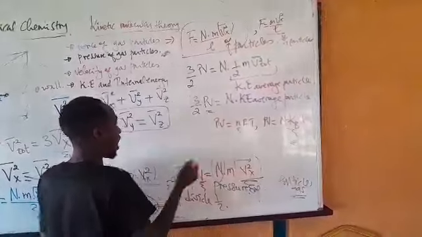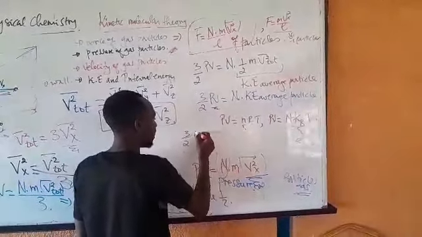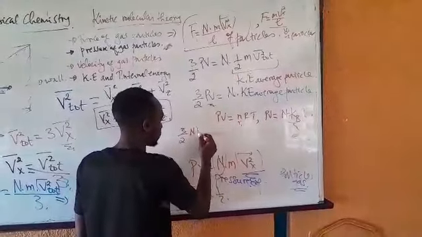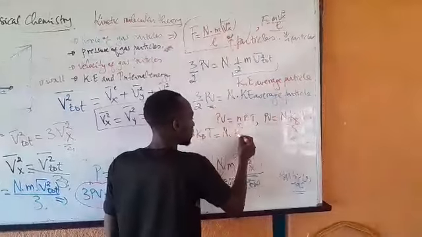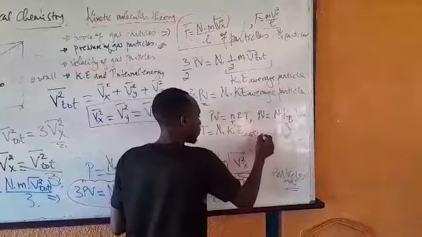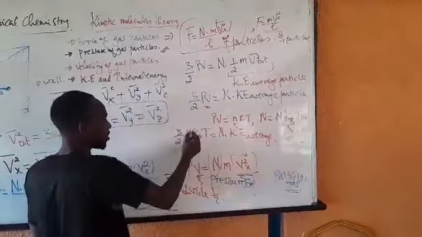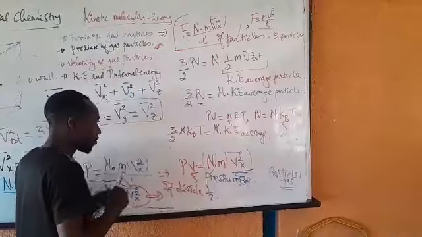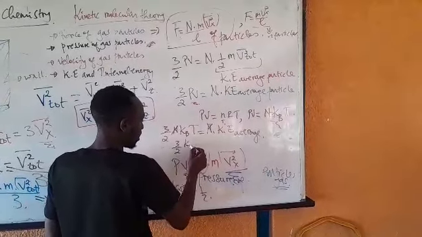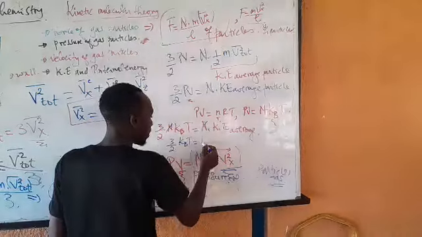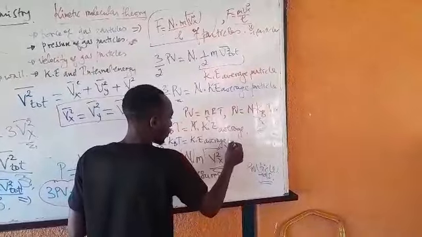Then we're going to have 3/2 N kB T equal to N, the number of particles, times the average kinetic energy of particles. Then if you cancel this, we're going to have 3/2 kB T, which is the average kinetic energy of particles.